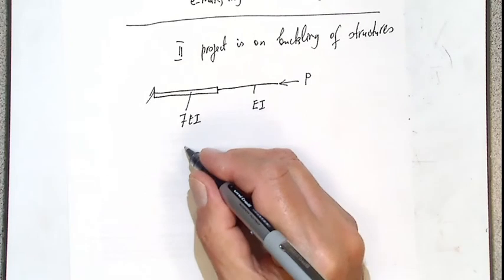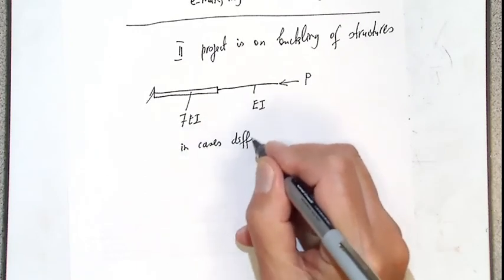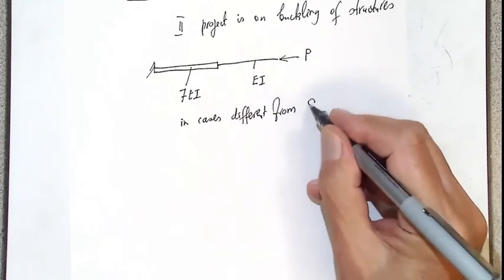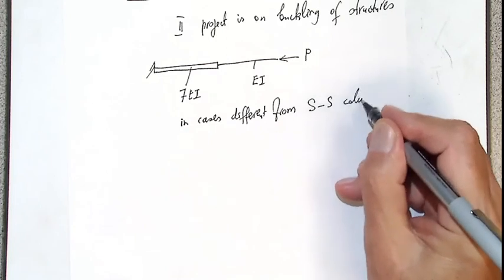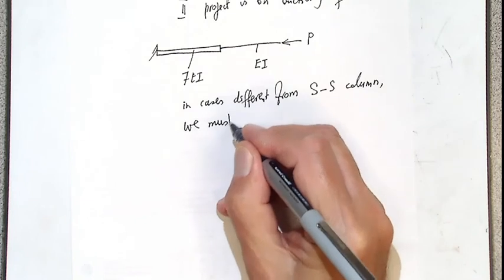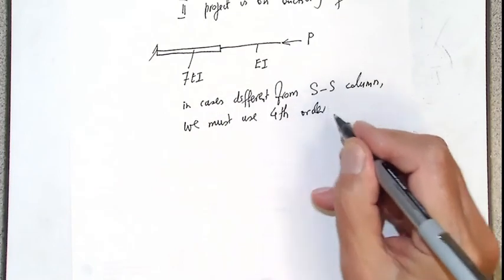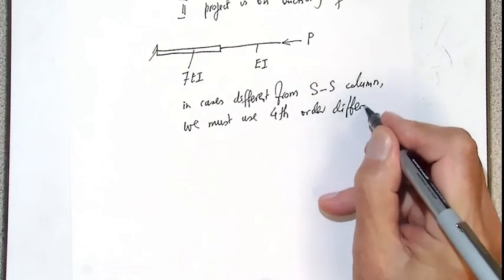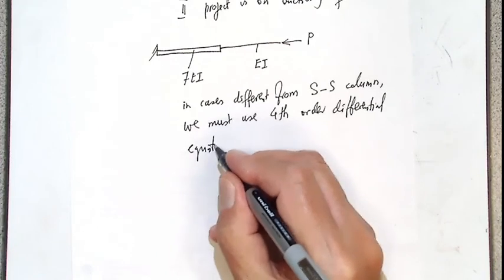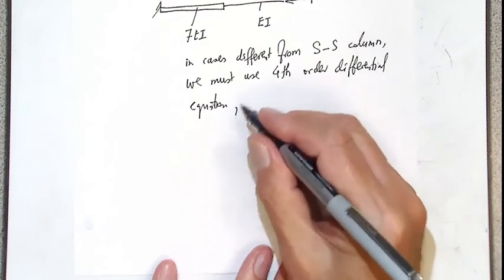So, in cases different from a simply supported column, we must use a fourth order differential equation. Okay? Not second order.